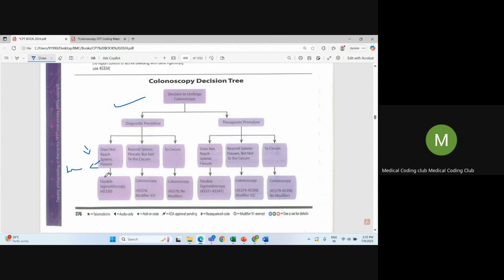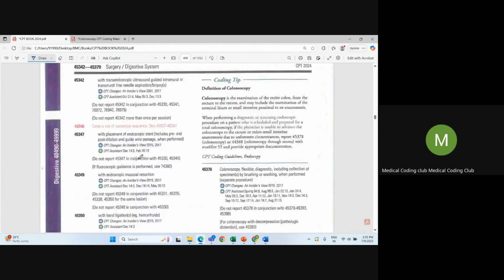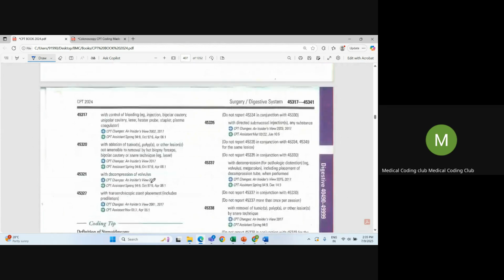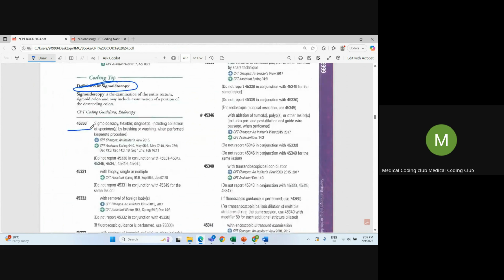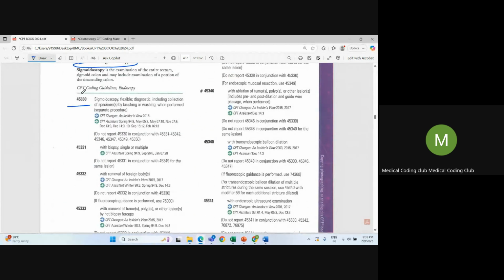Then your instruction is to code from flexible sigmoidoscopy. The code is 45330. 45330 is for diagnostic. Now go ahead and see from here. Sigmoidoscopy is here, and under sigmoidoscopy, 45330 is for the diagnostic procedure.